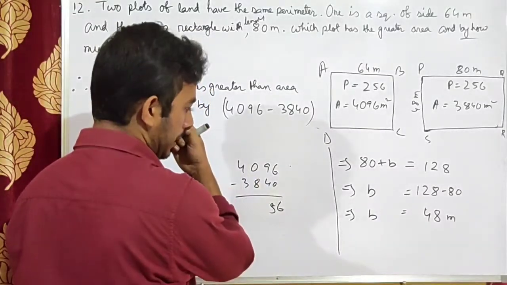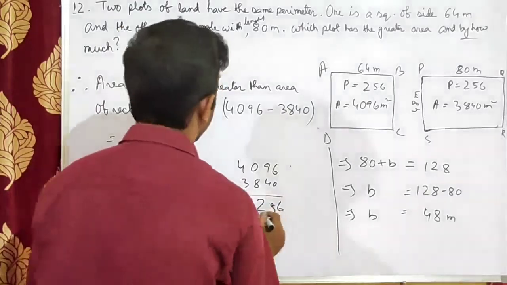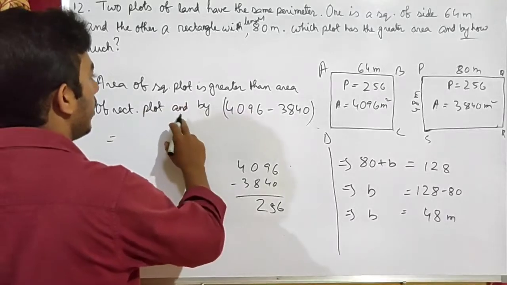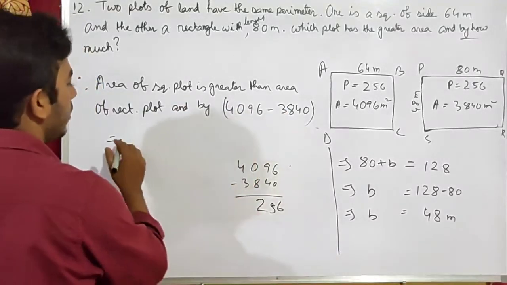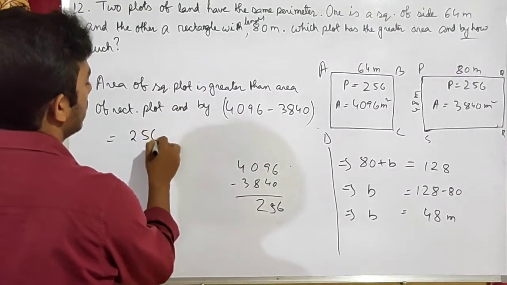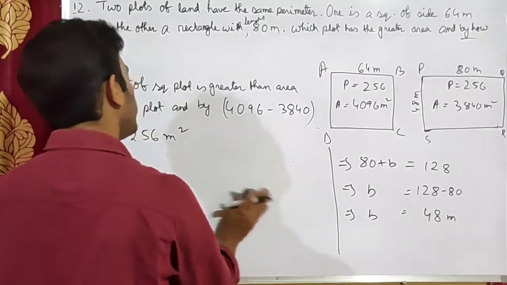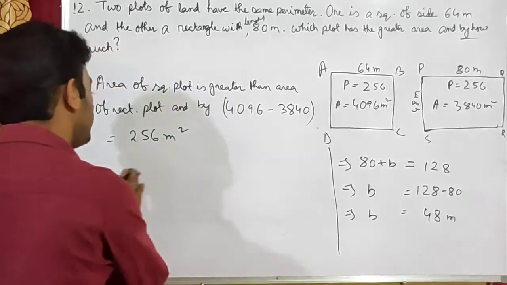Then 10 minus 8 is 2. The area of the square plot is greater than the area of the rectangular plot, and by this minus this, which equals 256 meter square. Okay. I hope you have understood how to solve this type of problem.